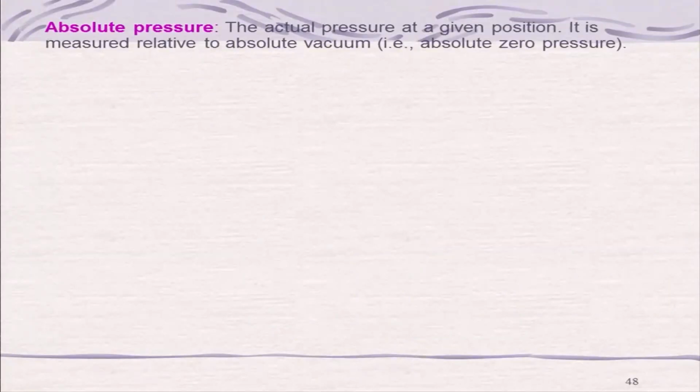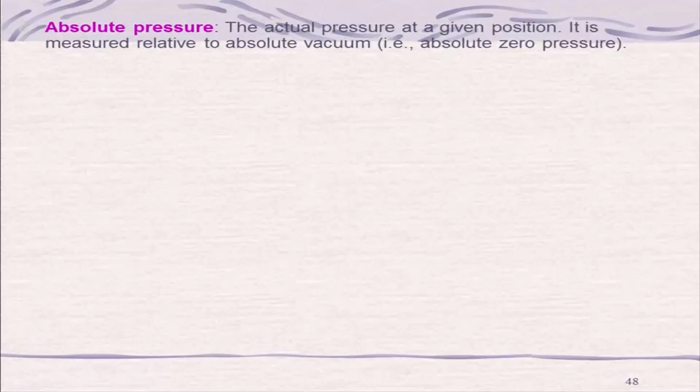So now we will have to define various kinds of pressure we will be handling, right. This is absolute pressure, that is basically the actual pressure at a given position, and it is measured relative to absolute zero pressure, that we call absolute pressure. There will be gauge pressure, right.